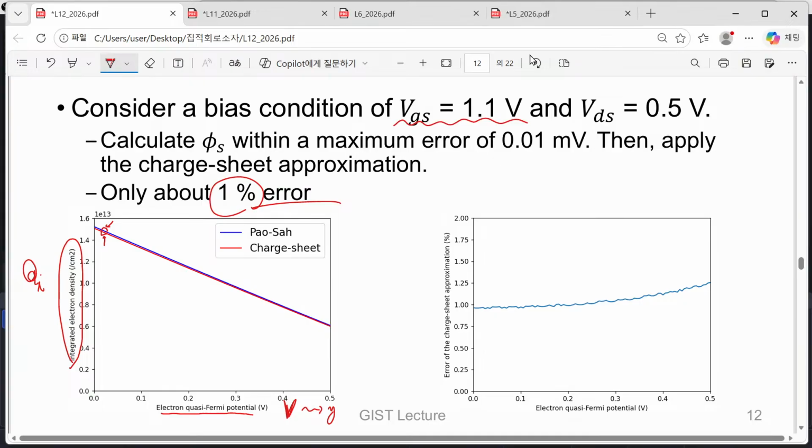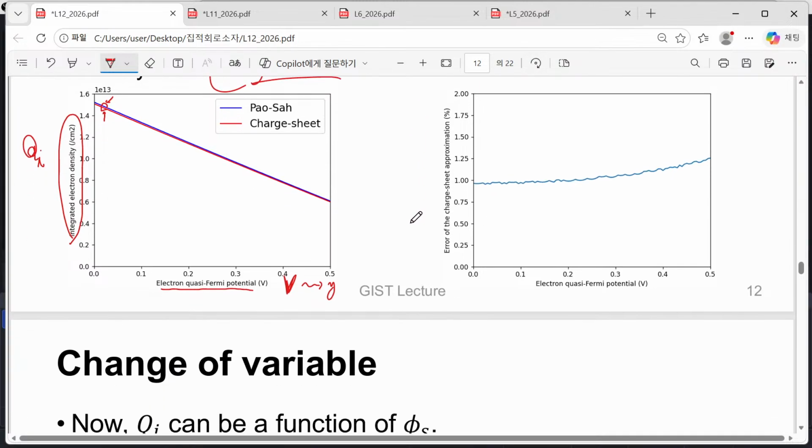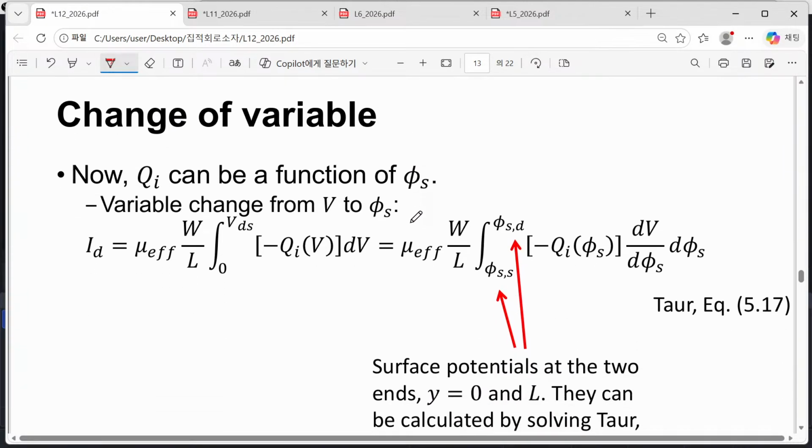So depending on gate voltages, sometimes it shows us a better result or a worse result, and usually in many cases it is known that near the threshold voltage we have the maximum error of this charge sheet model. But anyway, when we consider the simplification obtained from this charge sheet model, the accuracy looks just amazing.